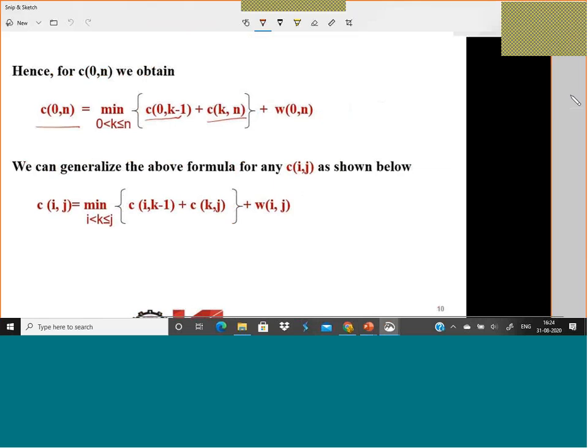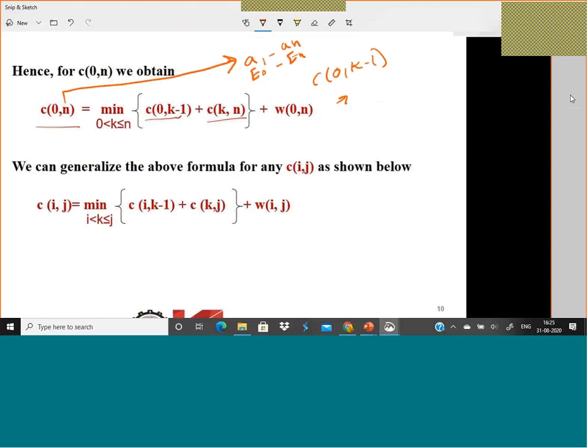If I take C of 0 comma N, this is nothing but your entire tree, which contains A1 to AN terminal nodes and E0 to EN non-terminal nodes. This is your entire tree. Then what is there in C of 0 comma K minus 1?